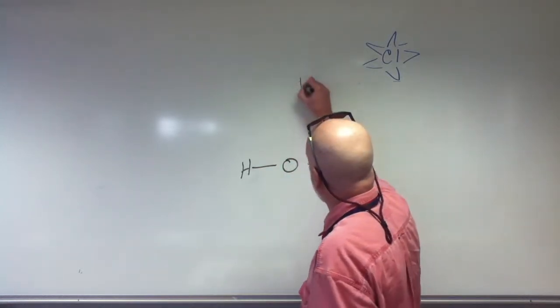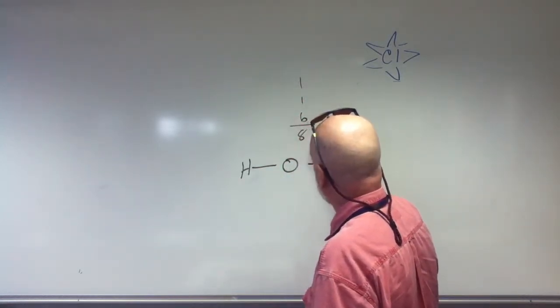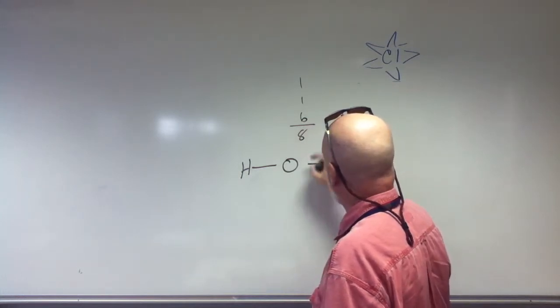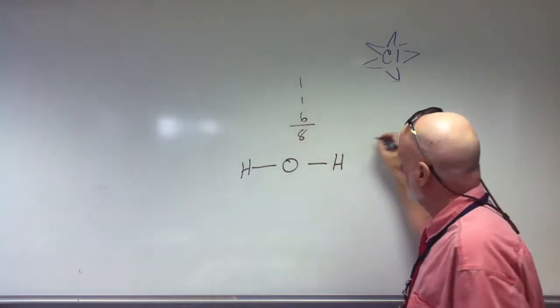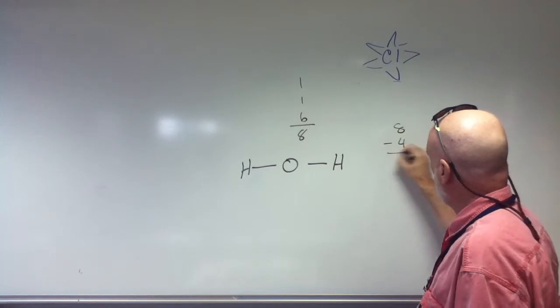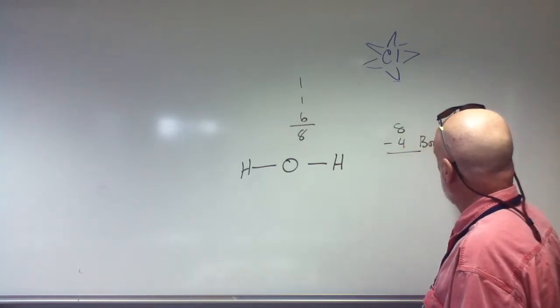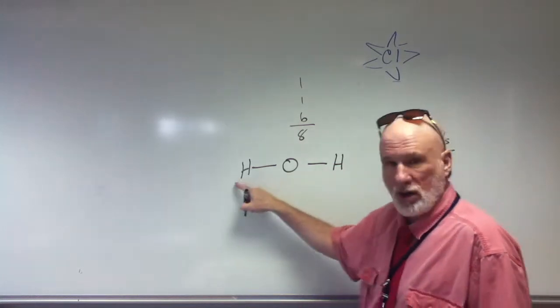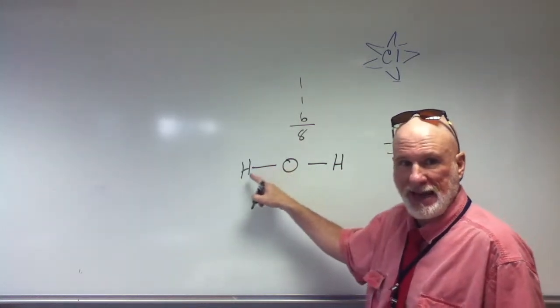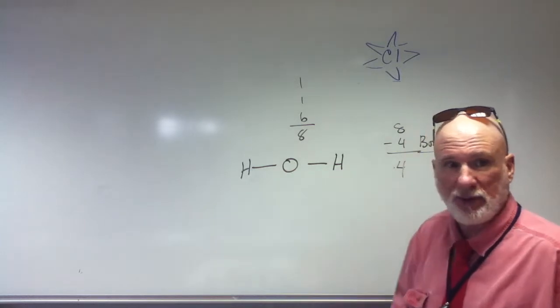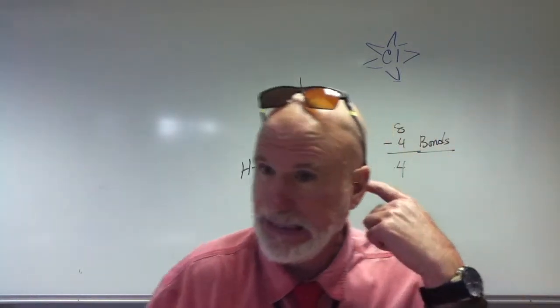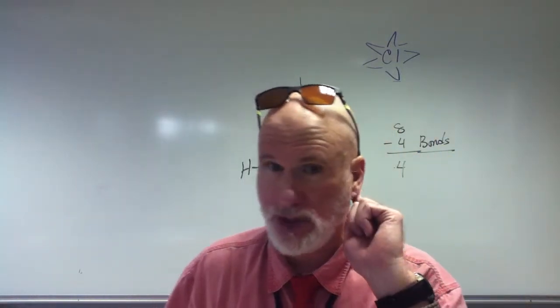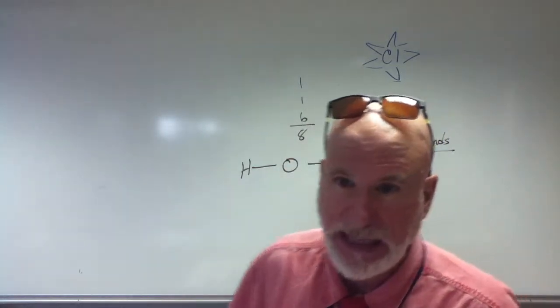We know this is going to be 1, 1, 6, that's 8. Each bond is 8 minus 4, this is the bonds, is 4. These have everything satisfied. They have the valence satisfied because remember, the hydrogen wants to be like helium, so it's 2, the nearest noble gas, correct? We don't say the octet rule.